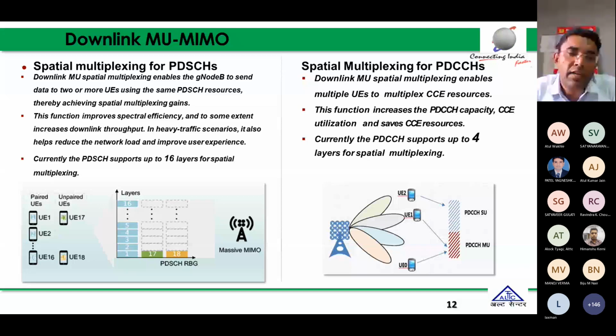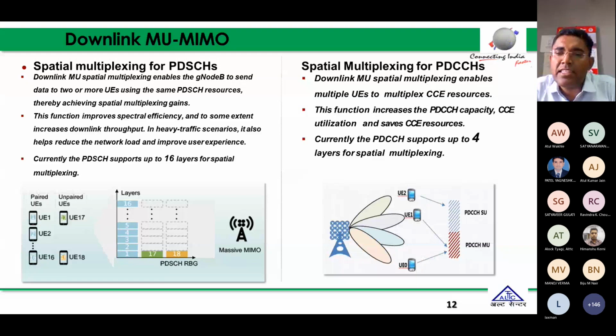That is the advantage of spatial multiplexing for PDSCH in the downlink as multi-user MIMO. And multi-user MIMO is only supported in NR-TDD, or we can say C band or the millimeter wave band.